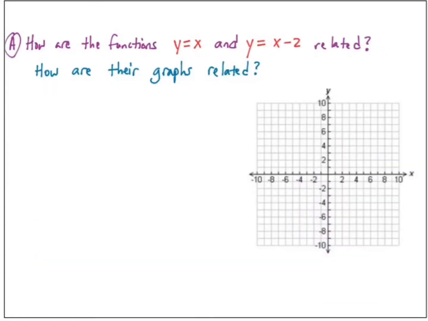So here we have two functions, and it asks, how are the functions y equals x and y equals x minus 2 related? They want to know how the functions are related and how their graphs are related. So we can compare just the functions themselves, without graphing, by looking at a table of values, x and y.